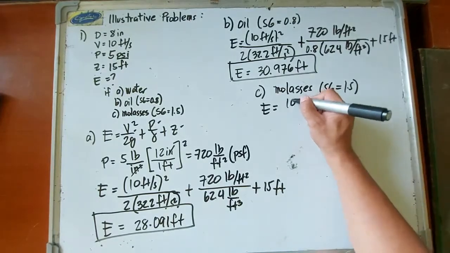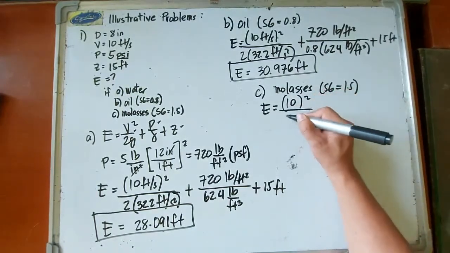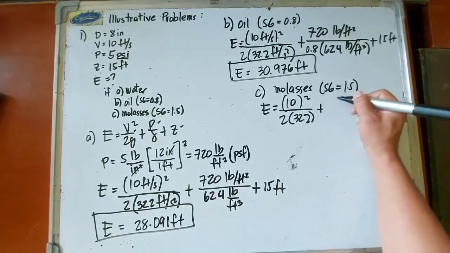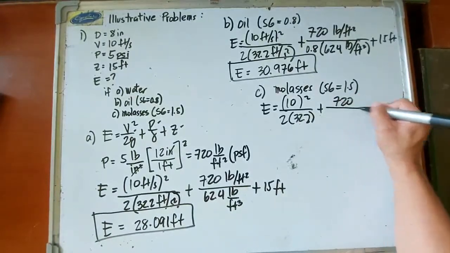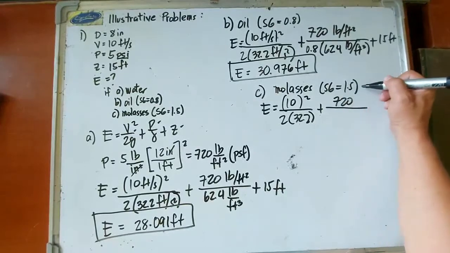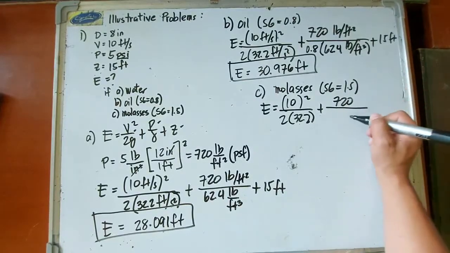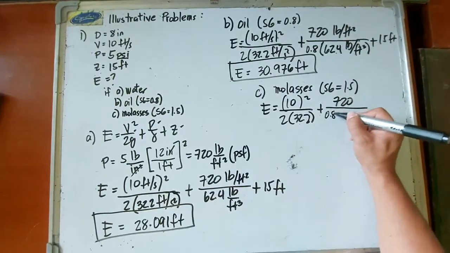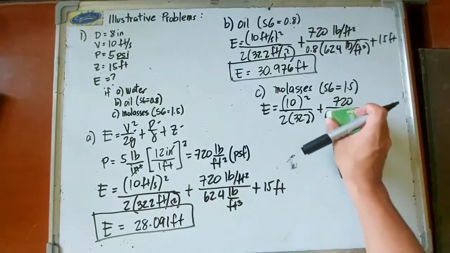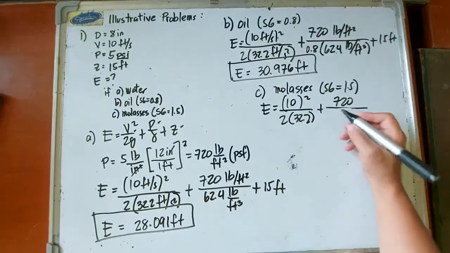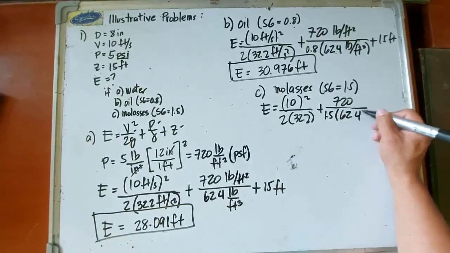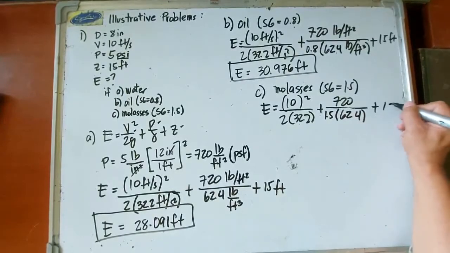Okay, so we have 10 squared all over 2 times 32.2 plus 720 divided by, we multiply the specific gravity of molasses by the unit weight of water in the English system. So it should be 1.5 times 62.4 plus 15 feet.